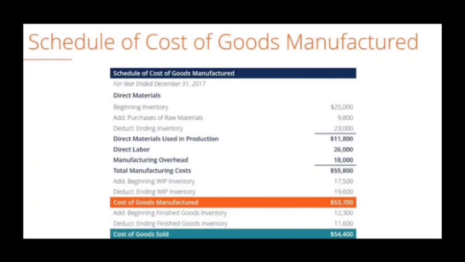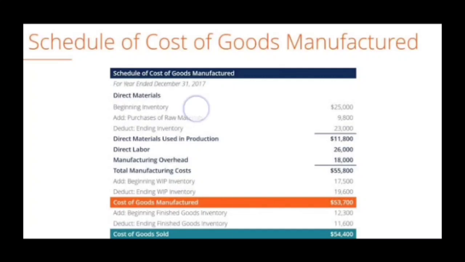Now let us take a look at the schedule of cost of goods manufactured, that is, how and what costs are involved in producing the product. As we have discussed before, direct material, direct labor, and factory overheads are the three elements involved in producing a product. So let us take a look.